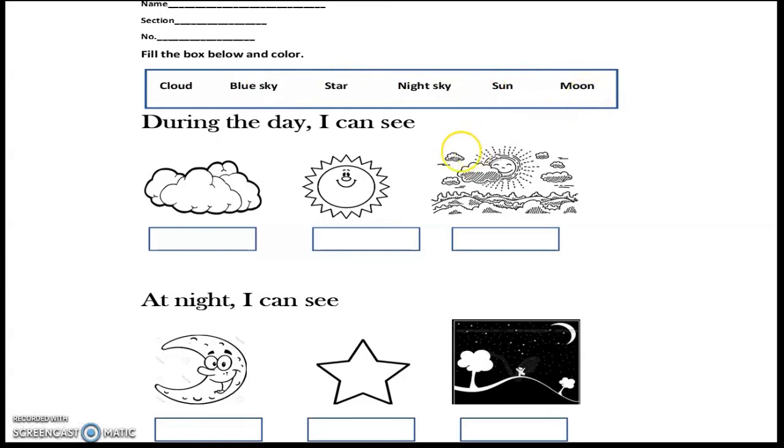Now, question. During the day, I can see. What can you see during the day? Okay, so name the picture here, right here in the box below.